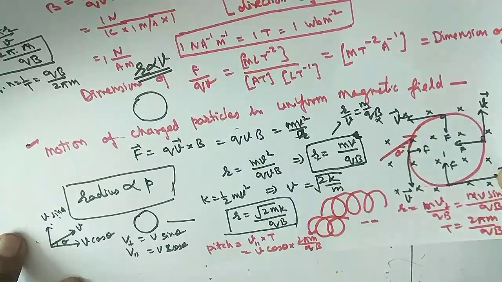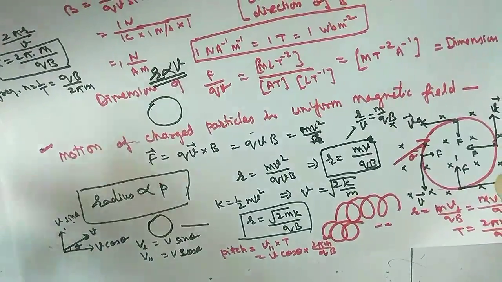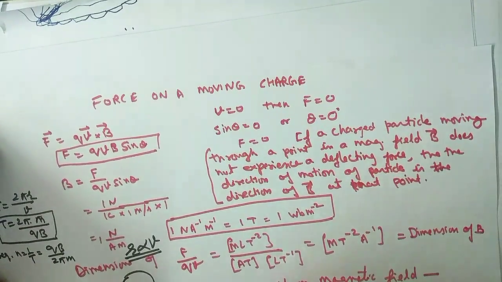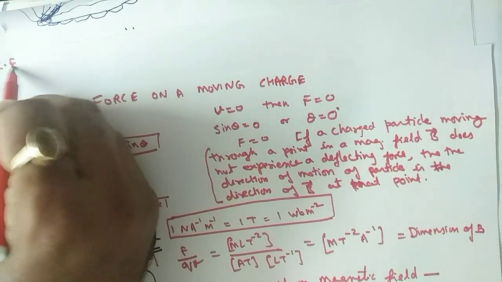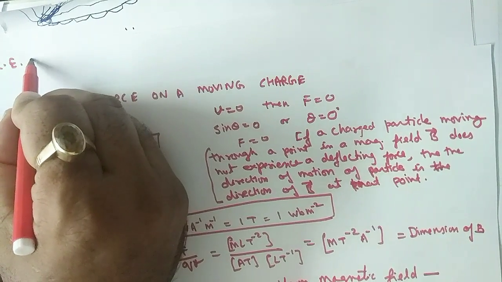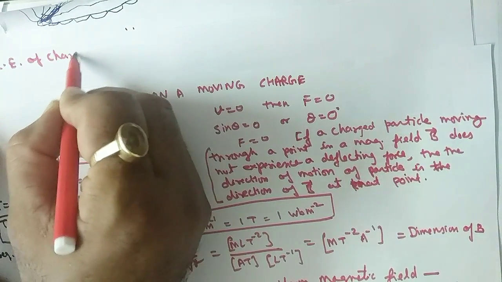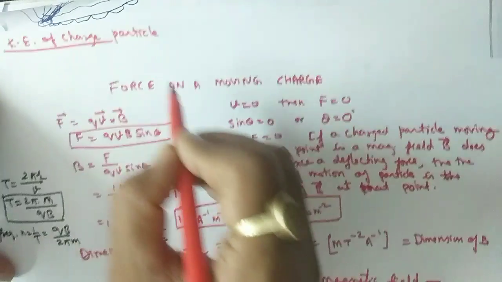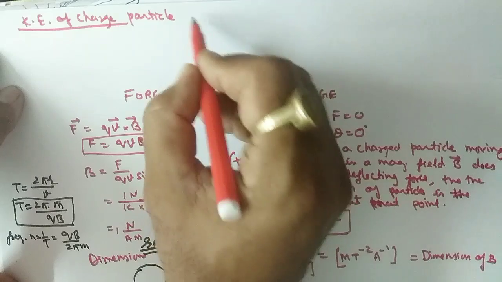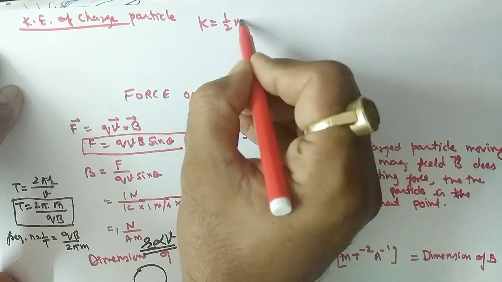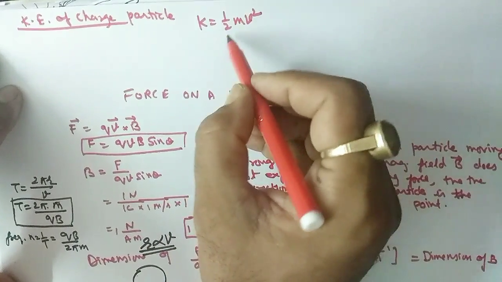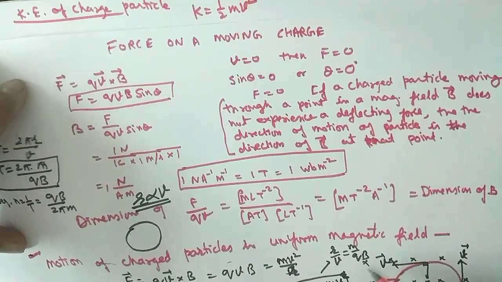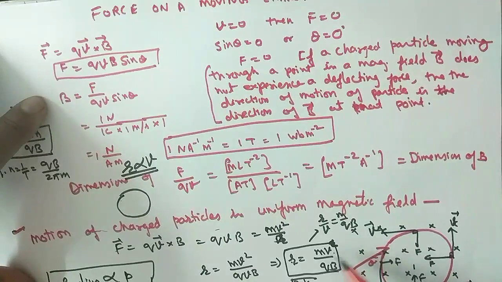Now we can discuss some more points about the motion of the charged particle, like the kinetic energy. How can we find the formula for the kinetic energy of the charged particle? You know, kinetic energy is equal to half mv square, and we have the formula R is equal to mv upon qb.